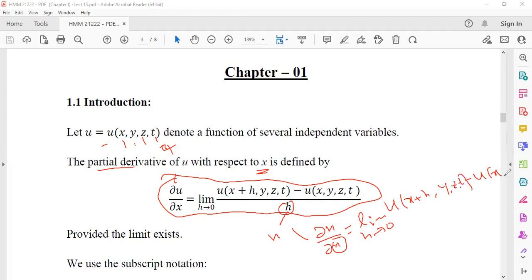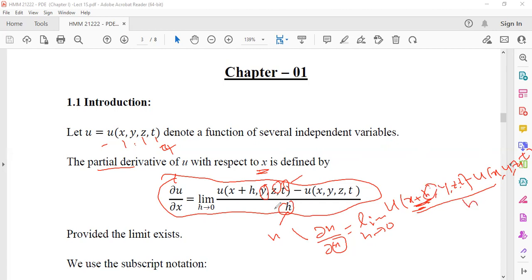As I said in the elementary differential course, for a PDE, if it is with respect to x, all the other terms will be taken as constants, isn't it? So likewise, only x is incremented, and all the other terms remain the same. This is divided by whatever the increment is, that will be h.